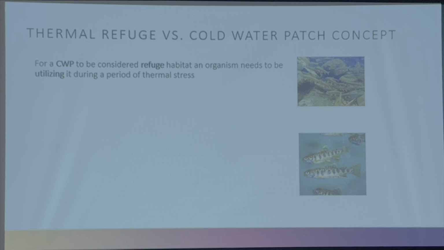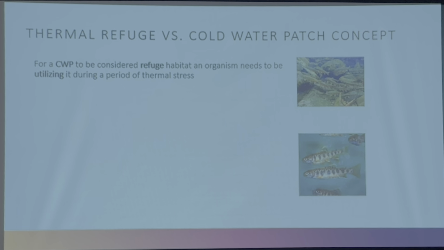So with thermal refuge, it's a term that's thrown around a lot. It's kind of an outdated term because of the multiple types of cold water that we find in systems now. The more widely utilized term now is cold water patch, or CWP.